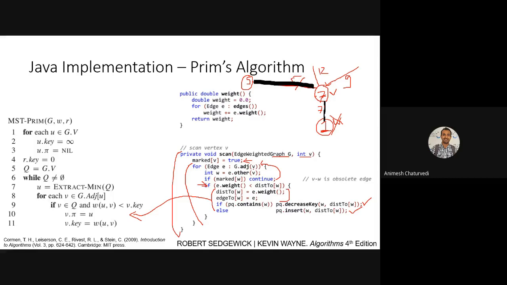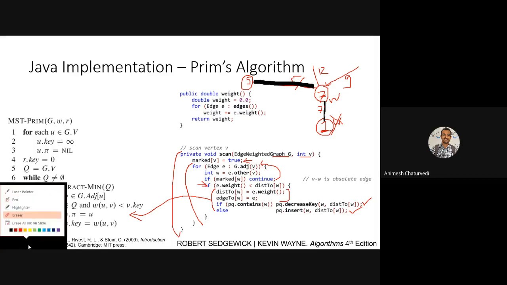So in the first iteration, this was the W. It's not that V. V would be this.